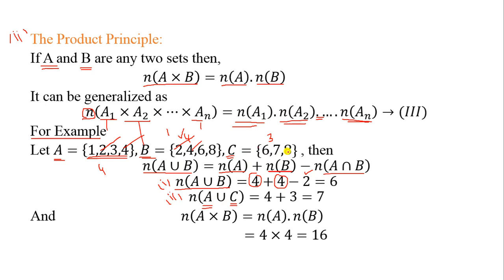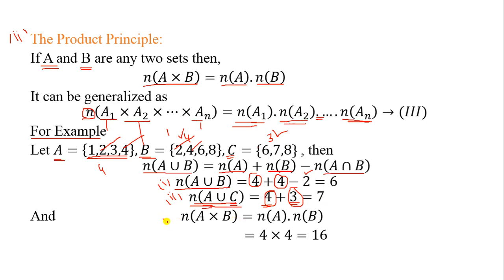Look at A and C, we don't have any common element in A and C. So according to definition, whenever the intersection of A and C is null set, which means that there is no common element in any two sets, then these both sets are called disjoint sets. And according to the sum principle, for the number of elements in the union of two disjoint sets, simply add the number of elements in both sets. So there are 4 elements in A and there are 3 elements in C, and we got 7.